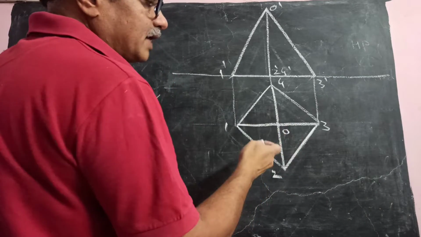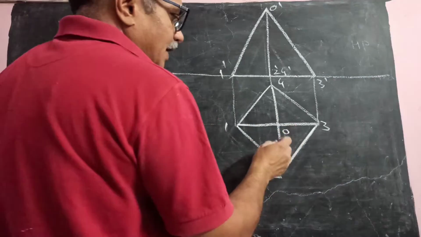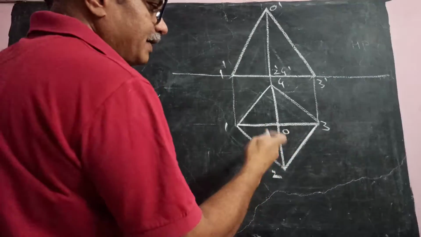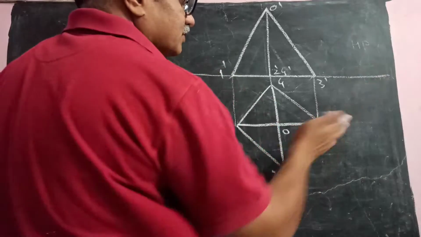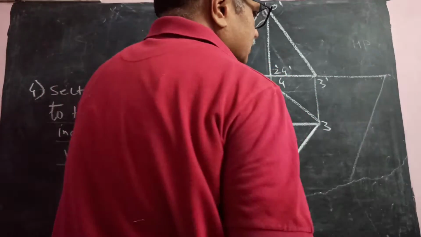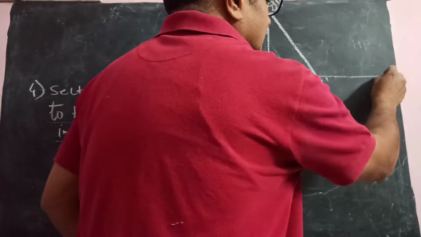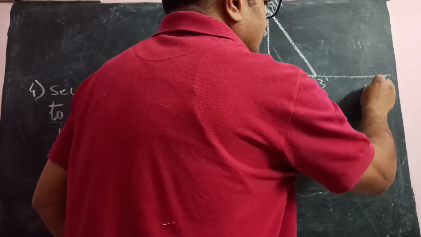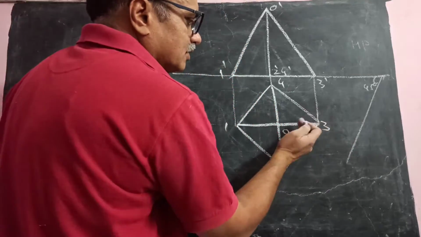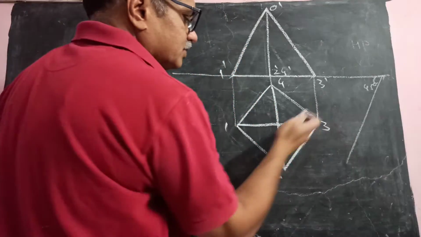So how to draw that? Say the line is 5 mm or 10 mm away from the axis and inclined at 45 degrees. Draw a line at 45 degrees to the XY line at any point. This angle must be 45 degrees. Then with the roller scale, you can draw a line parallel to this.